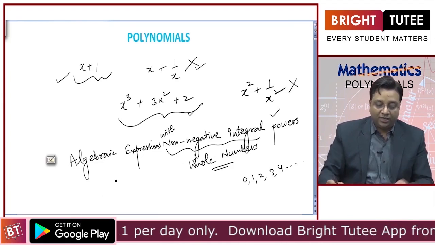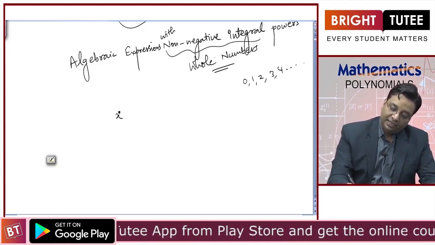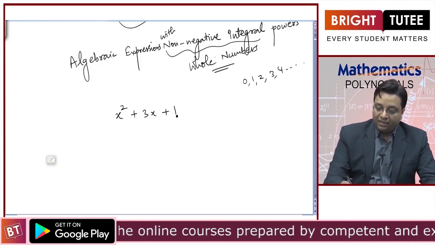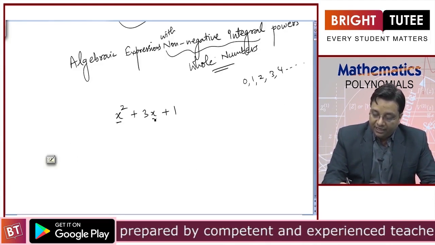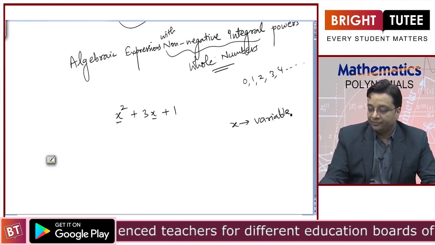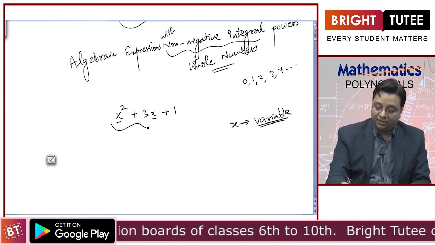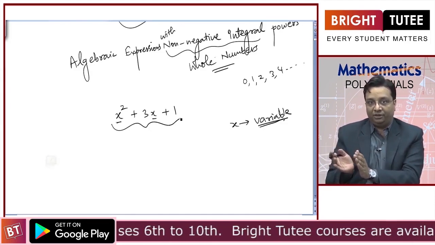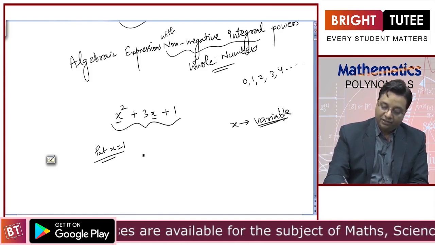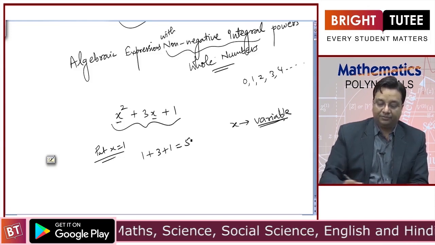Okay, so let us talk about x a bit. Now when I write x square plus 3x plus 1, let us say, now this x is a variable, right? When I put a value of x, this expression here will give me a certain value. For example, if I put x equal to 1, it will give me 1 plus 3 plus 1, 5, right?